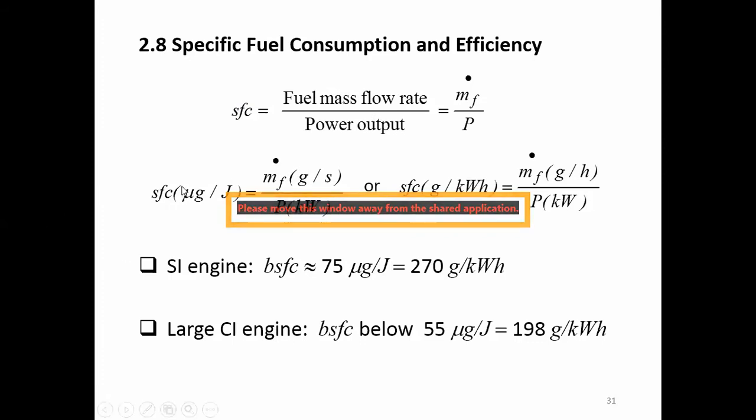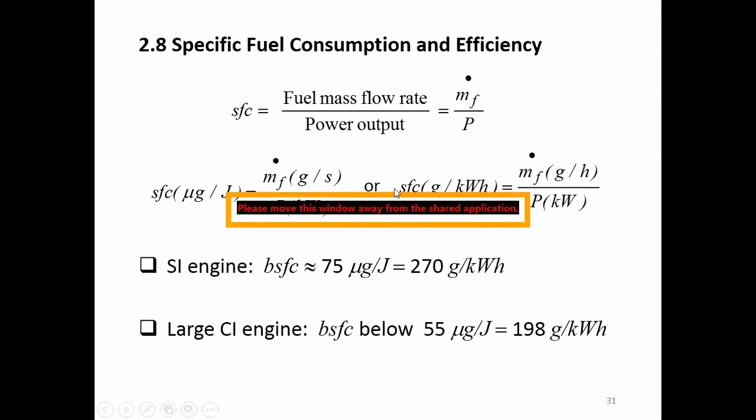And for the SFC, I show you here two units. If you want your SFC in microgram per joule, then the fuel mass flow rate has to be in gram per second, and the power has to be in kilowatt.